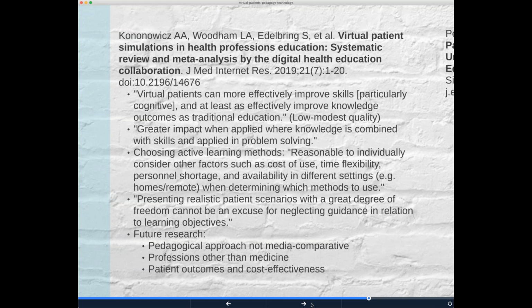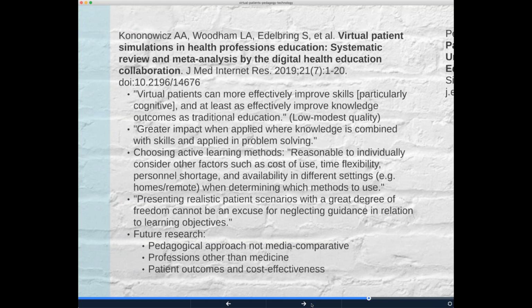And it's very difficult to say that you've controlled the experience of learners, because so much is different between the different platforms. Rather, changing a pedagogical approach and comparing the different approaches from a pedagogical perspective rather than a media perspective would be more informative in guiding the future development and application of virtual patients.